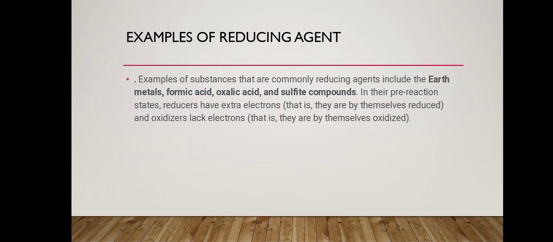Examples of substances that are commonly reducing agents include the earth metals, formic acid, oxalic acid, and sulfite compounds. In their pre-reaction states, reducers have extra electrons, and oxidizers lack electrons.